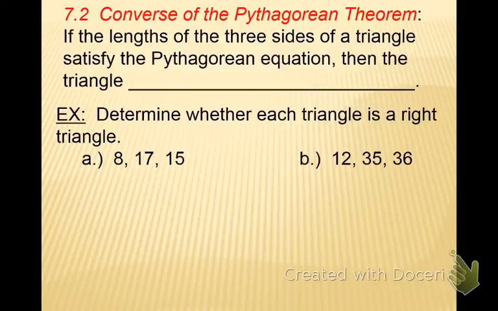Converse of the Pythagorean theorem. If the lengths of three sides of a triangle satisfy the Pythagorean equation, then the triangle is what? What kind of triangle would it be? So now we don't know anything about the angles, but we know the sides. If it satisfies the Pythagorean theorem, what can I say about that triangle?